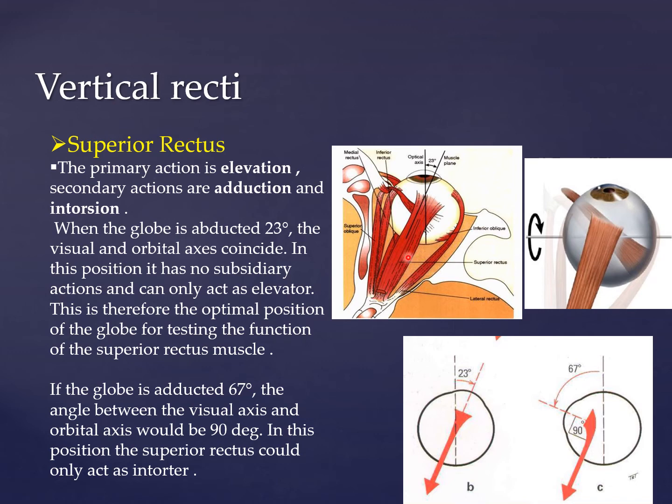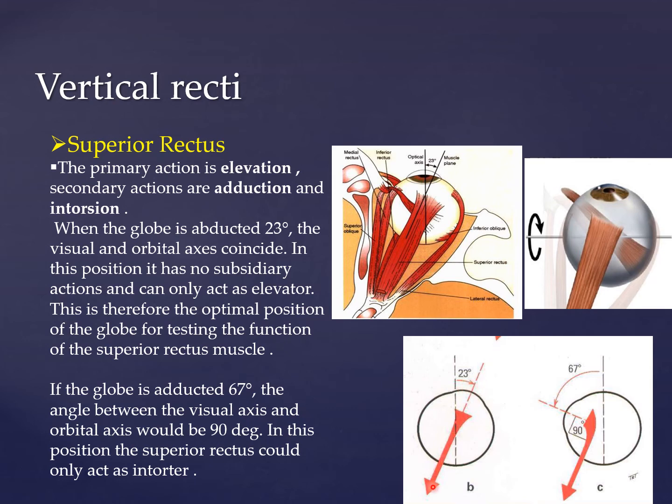These all are the actions of superior rectus when the eyeball is in primary position. That is, the angle between the muscle and the eyeball is approximately 23 degrees. Now see what happens when we rotate the eyeball. If the eyeball is moved outwards, that is abduction, now the axis of the orbit is this and this visual axis also rotates here.